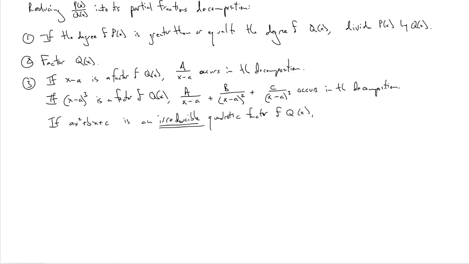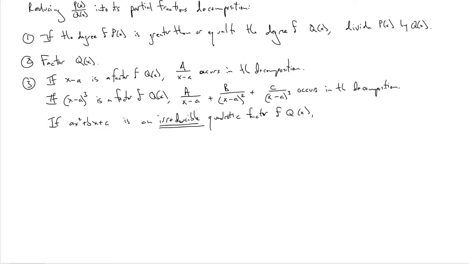And in particular, you could have irreducible quadratic factors in the denominator. Like we saw in the example we just did, we had an x squared plus 1 as a factor of the denominator. You can't factor x squared plus 1 into the product of any two linear factors over the real numbers.